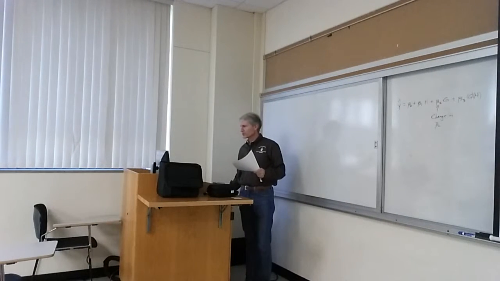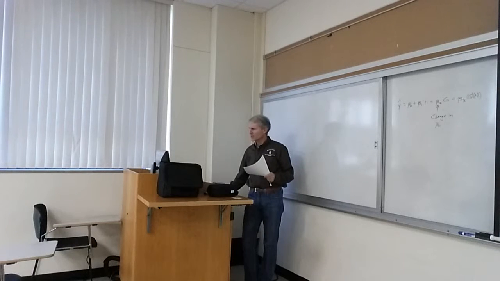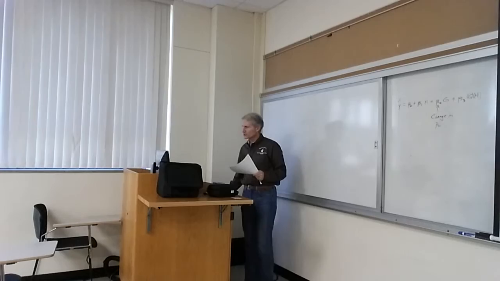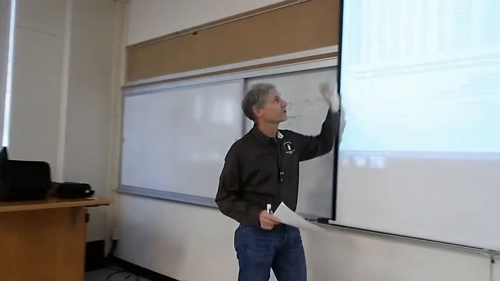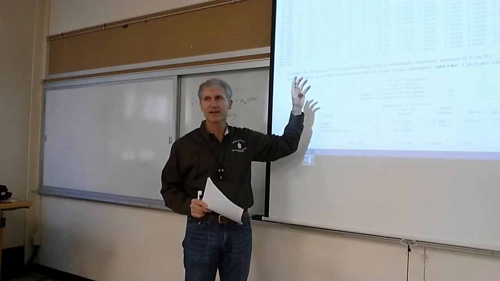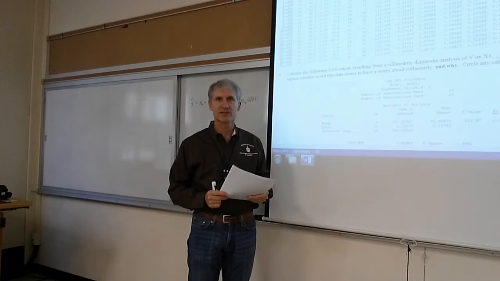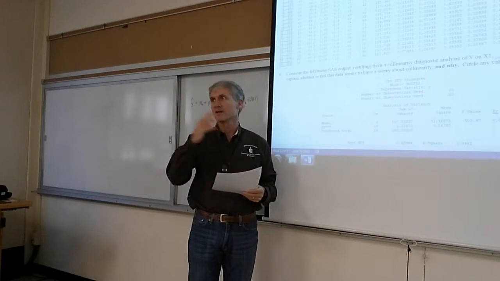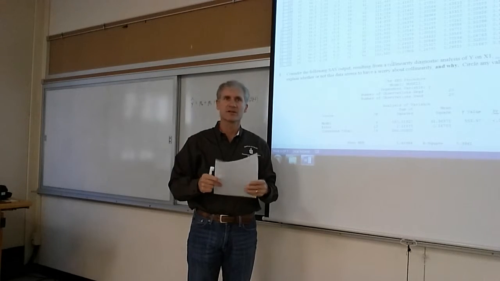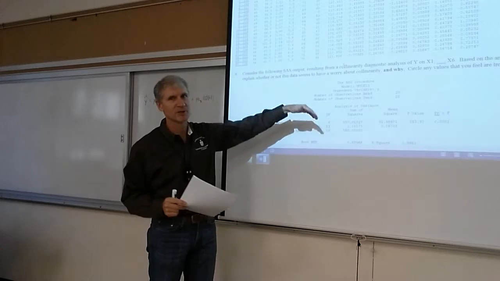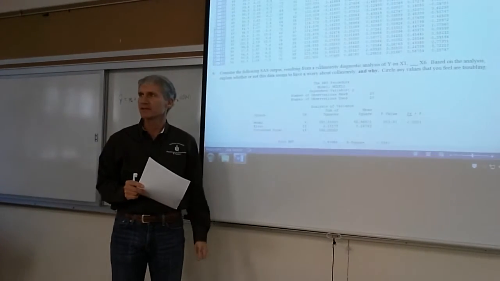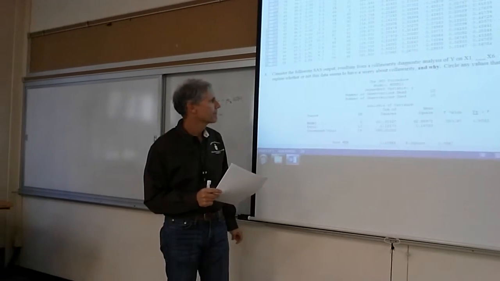Studentized residuals and Cook's D and all that stuff. That's probably not as certain that there'd be something like this where you have to go through a big list of stuff. But I might just ask, how's Cook's D computed, or what's the cutoff for Cook's D, or for hat value or something like that, without making you sift through a whole bunch of numbers trying to pick out the ones that are big.